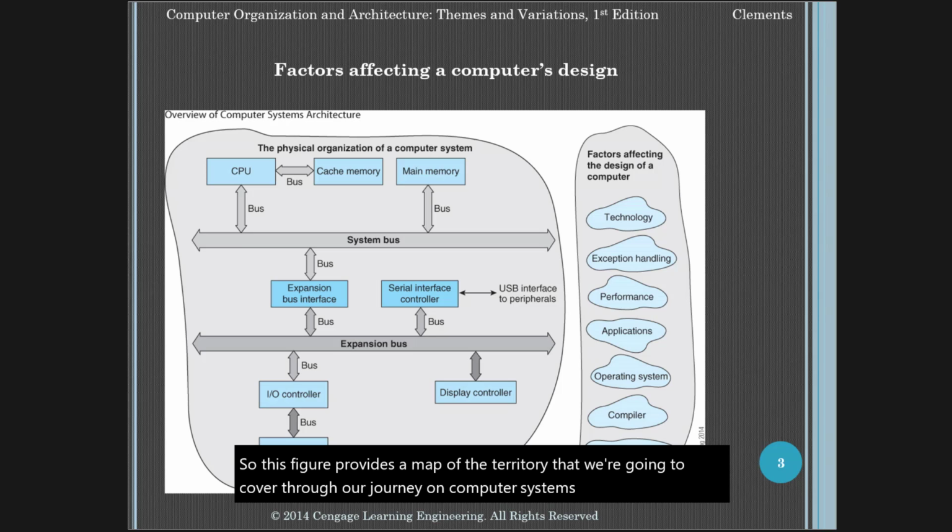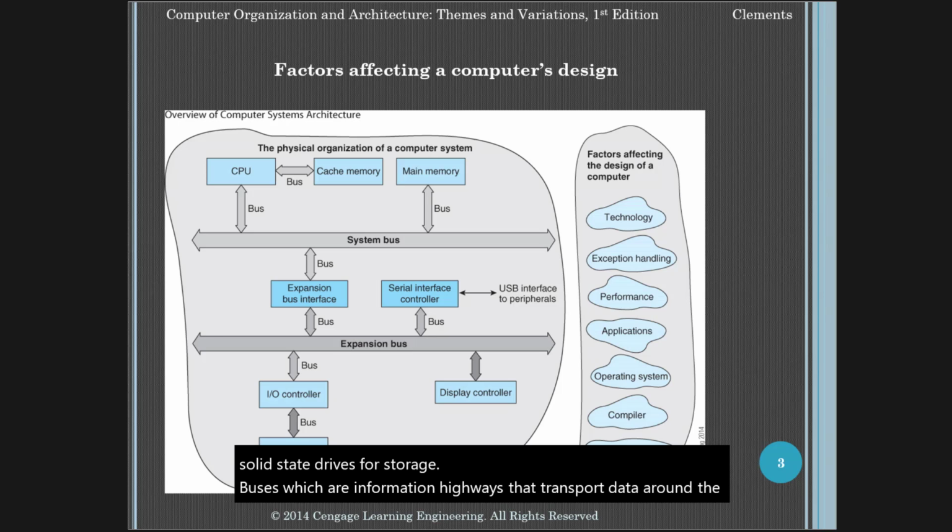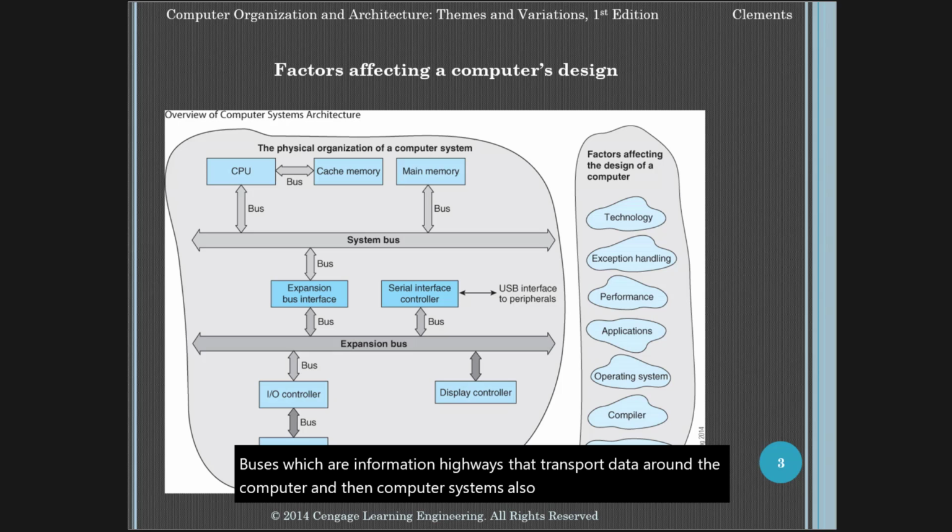As you look at this map, maybe you understand or are familiar with some of the information that is presented here, but it really introduces the parts of the computer system from the CPU that carries out the information processing to disk drives, including things like pen drives, solid-state drives for storage, buses, which are information highways that transport data around the computer, and then computer systems also include input and output devices.